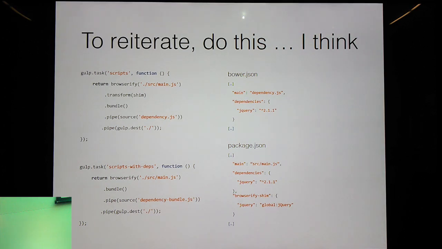Then you point the bower.json at the dependency.js file with no dependencies, not well named, sorry about that. And the package.json for Node should point at your main entry point, your source/main.js file.